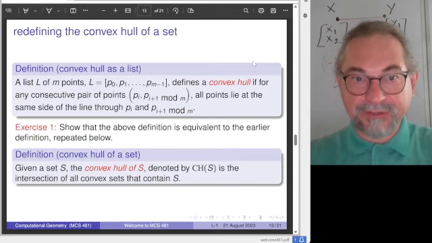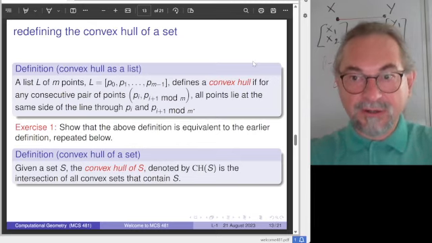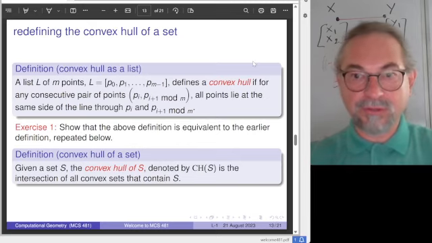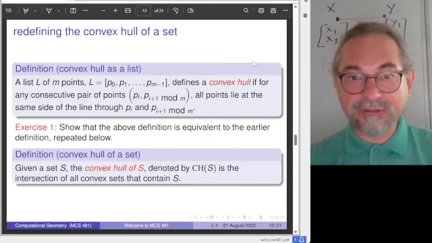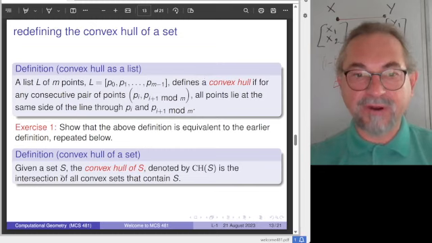The first definition is now being made much more suitable for computation and for algorithms. So it's turning into a discrete problem as well. We have added the extra restriction that the point set is finite. So that was not in the first definition.